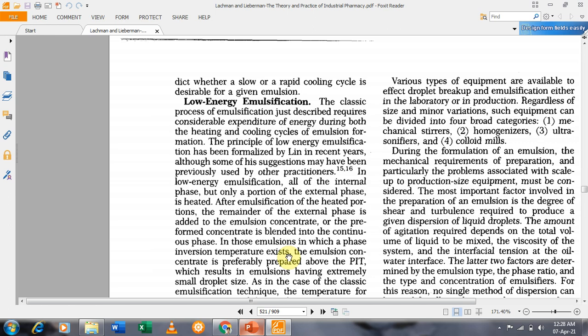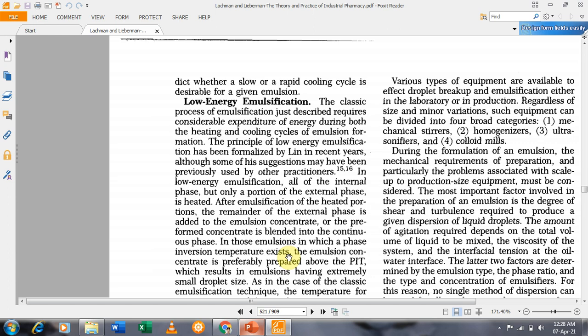It will depend upon the scale of production, either small laboratory scale or production scale. If we have to produce on a small scale, then we select small size equipment, which is definitely smaller compared to the production size equipment.